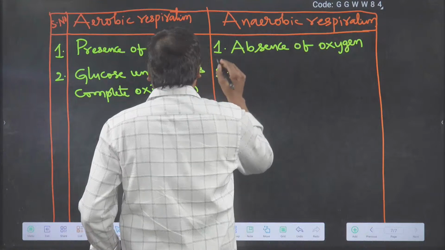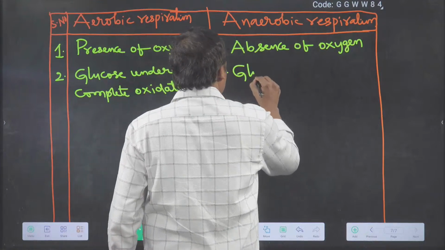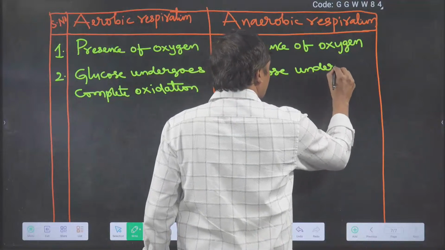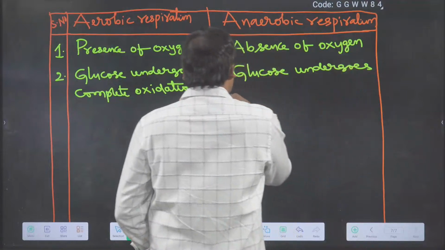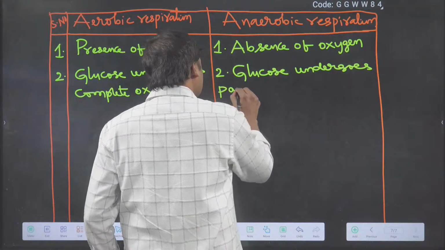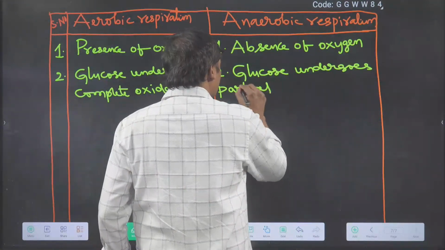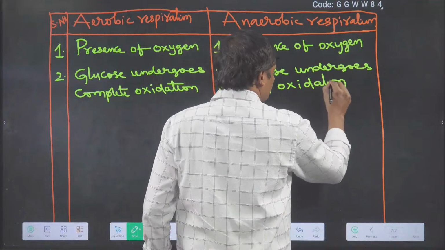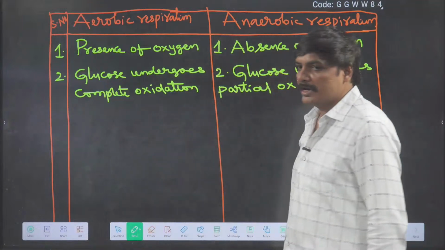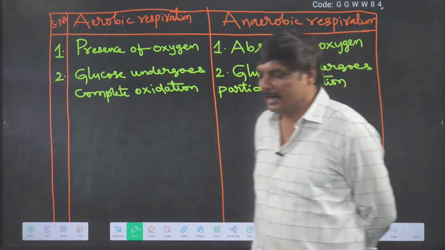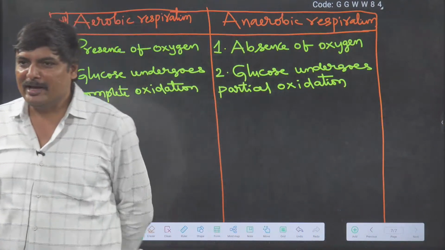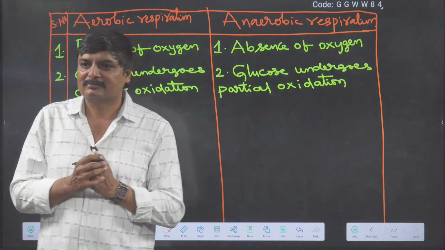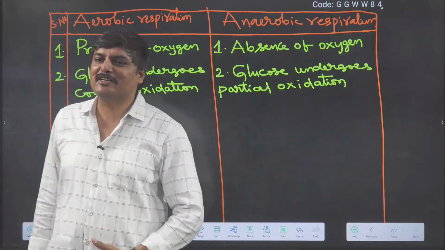But in anaerobic respiration, glucose undergoes partial or incomplete oxidation, and hence very less amount of energy is liberated.